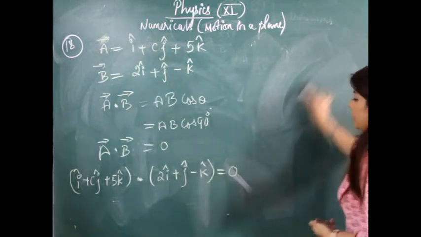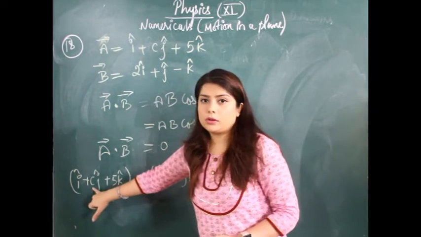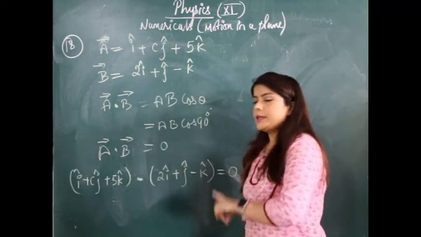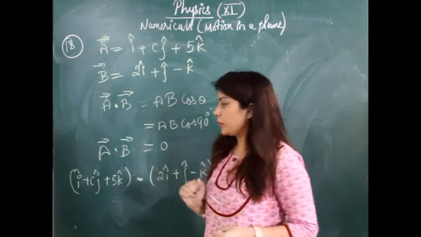What you need to find over here is the value of C. C is in the place of the vector A. Now how we do A dot B, we will be learning in the teaching class, but over here I am just telling you how to solve the numericals.